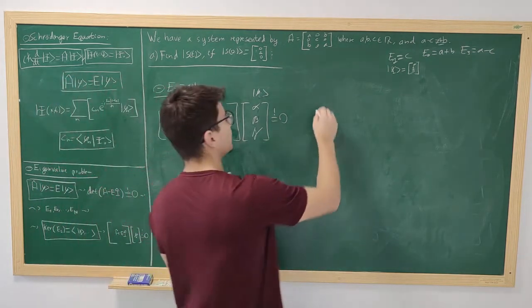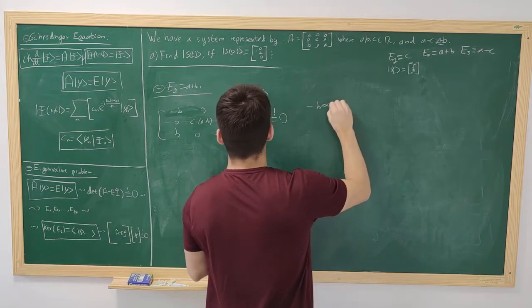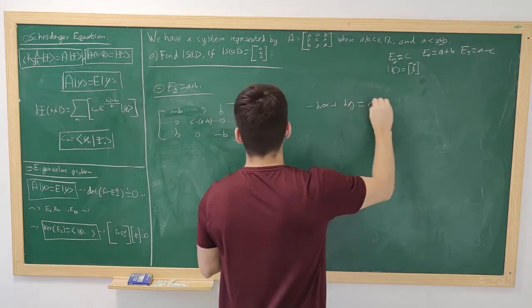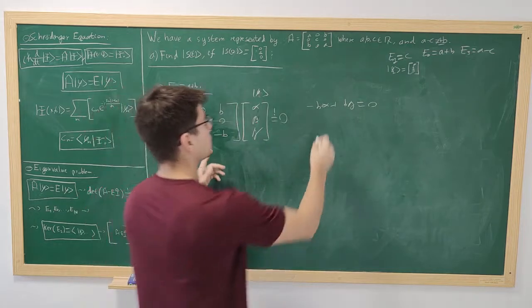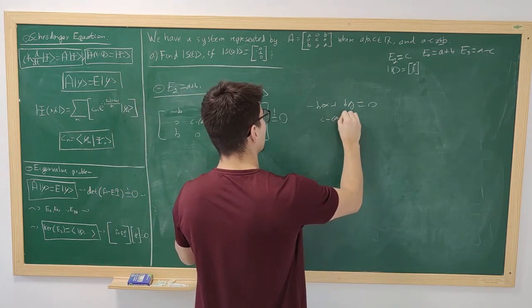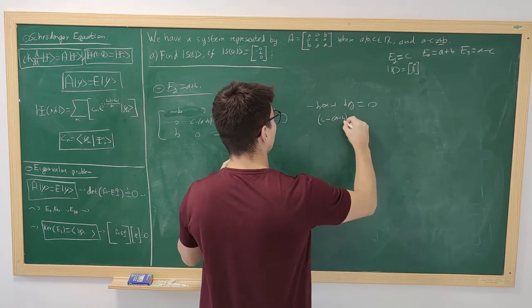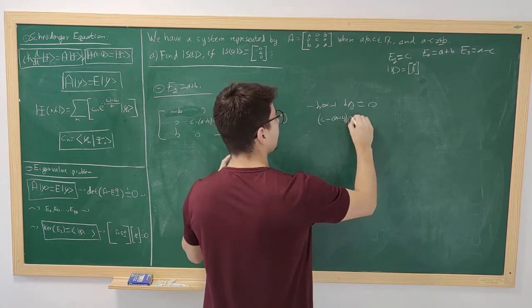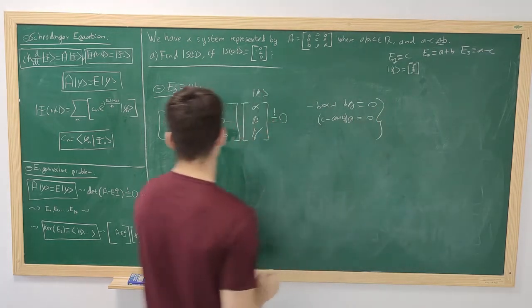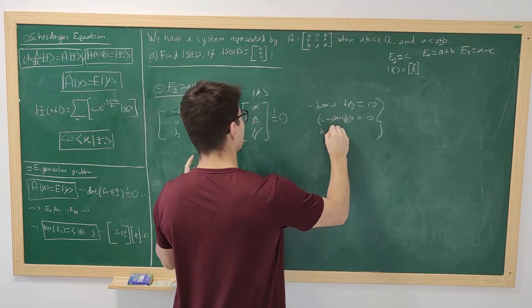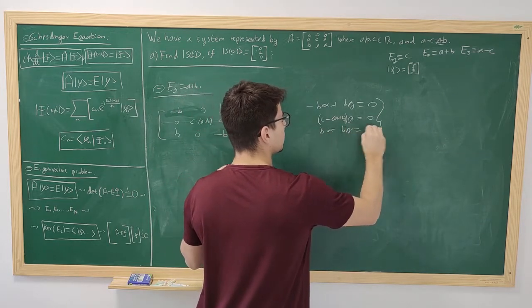So we get minus B alpha plus B gamma equals 0, (C minus A plus B) times beta equals 0, and B alpha minus B gamma equals 0.